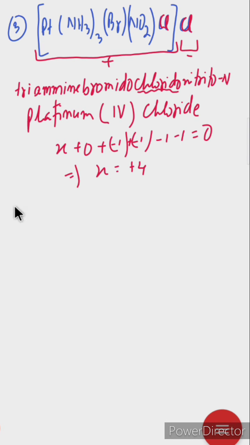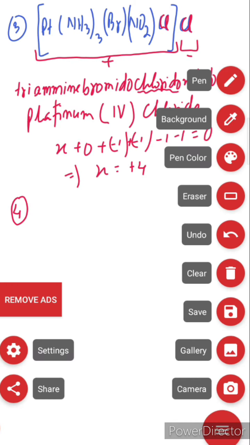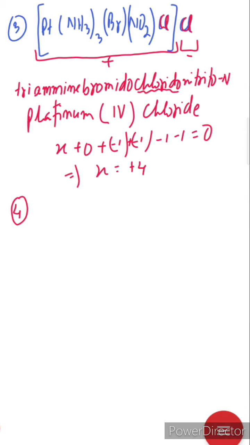Let me give one more example, which I think will be somewhat tough. Okay, let me write with this color only. Let me take a somewhat tough example. Not tough actually, don't worry.